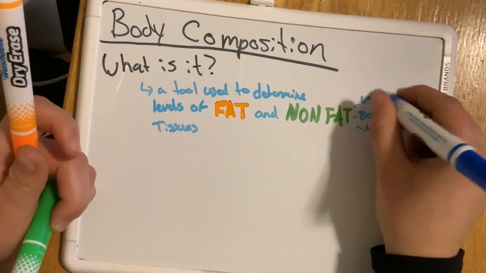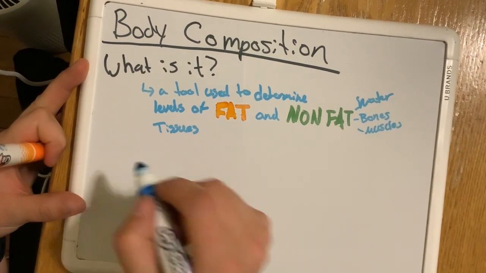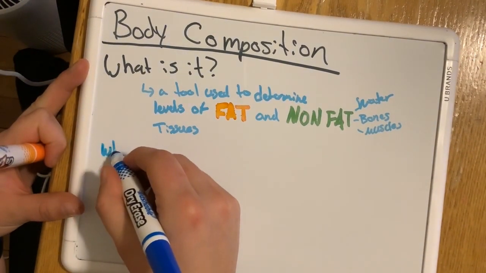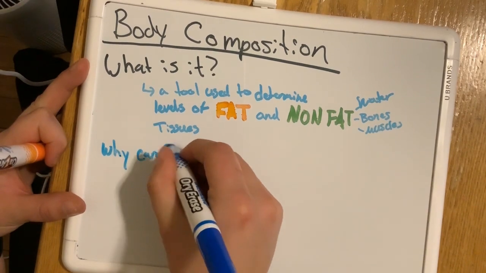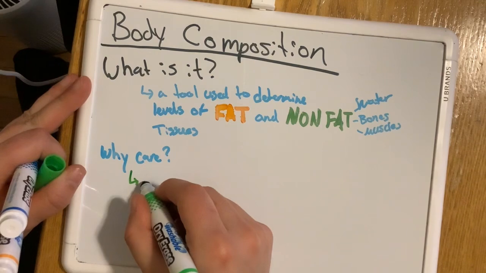So 35 pounds to somebody who works out all the time might be 35 pounds of muscle versus somebody who lives a sedentary life. They might have more of, like, say, 35 pounds of that fat tissue. So it's important that we look at this because we can use it to really assess our overall health.